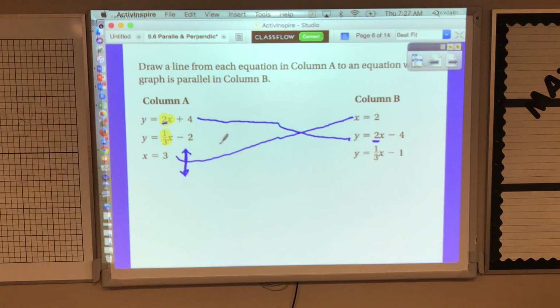The second one was y equals 1/3 x minus 2. So when I look over here, it has to be parallel to the other one that has a slope of 1/3. So when you're looking for parallel lines, you're really looking for the slope and the y-intercepts.